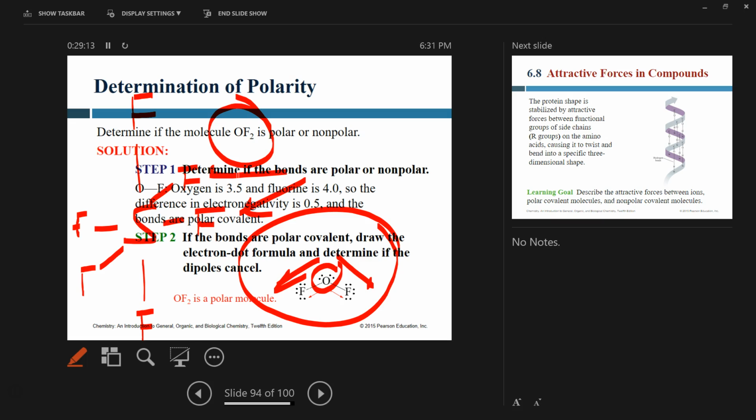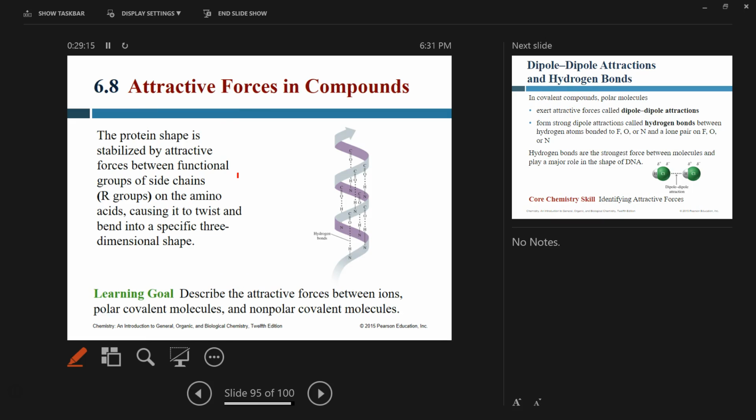Are we good? Why do we pay so much attention to the polarity of molecules? We can predict the polarity of different parts of molecules like amino acids, an integral component of a protein, or nucleotides, an integral component of DNA.